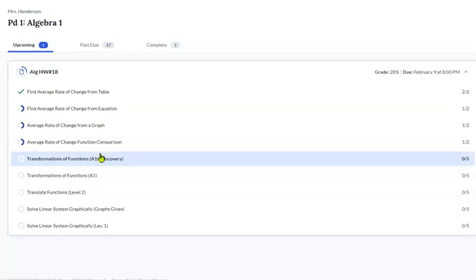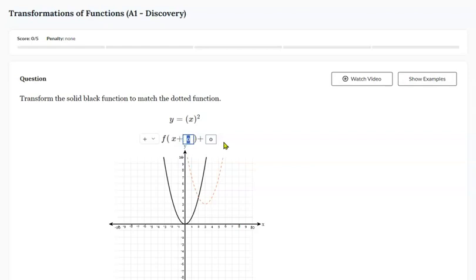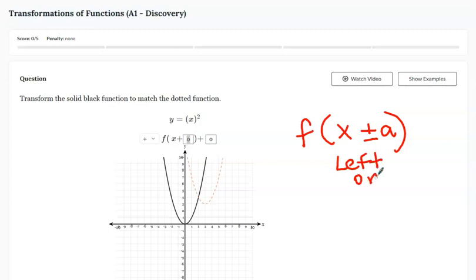Transformations of functions. We'll do this 3 times. The first time you can type any number you want in here to trial and error. But again, you're looking for understanding that transformations inside the parentheses are left or right, and that a transformation outside of the parentheses is up or down.